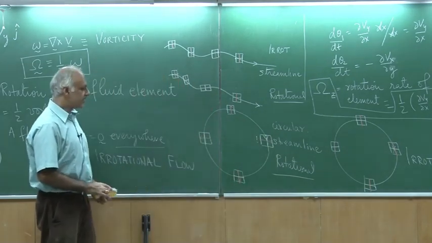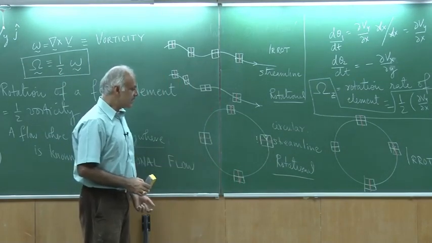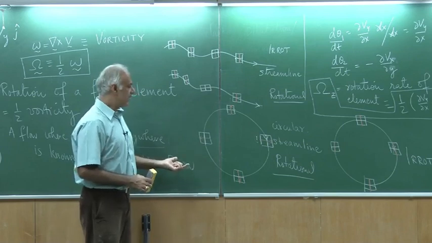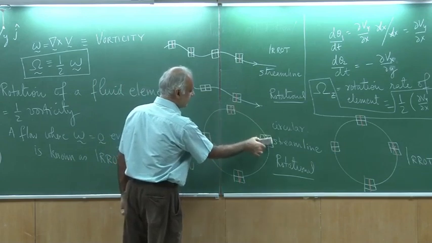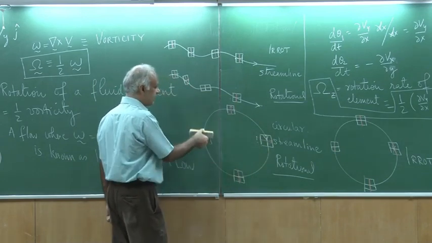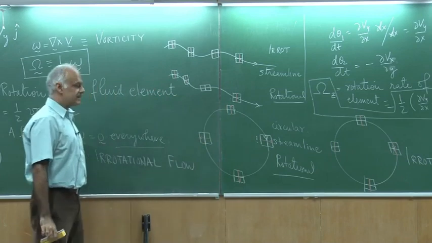And now it is very clear that if I had a rotational element, this is just an example, then you can see it is rotating about its own axis and doing like this. Okay.